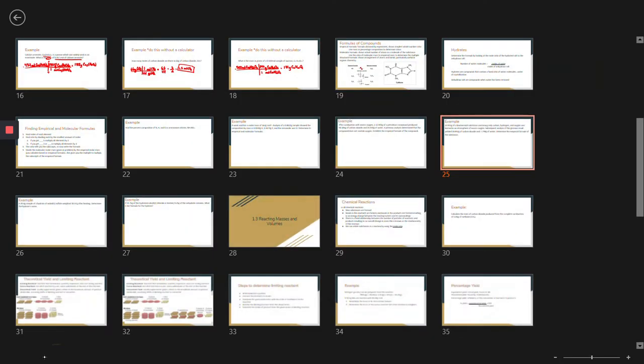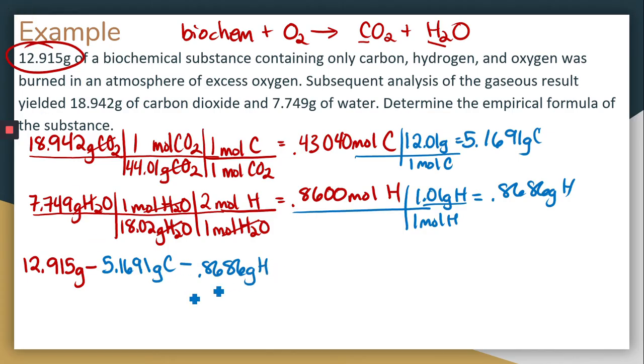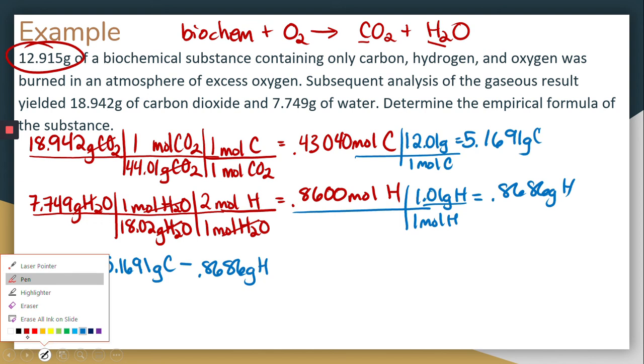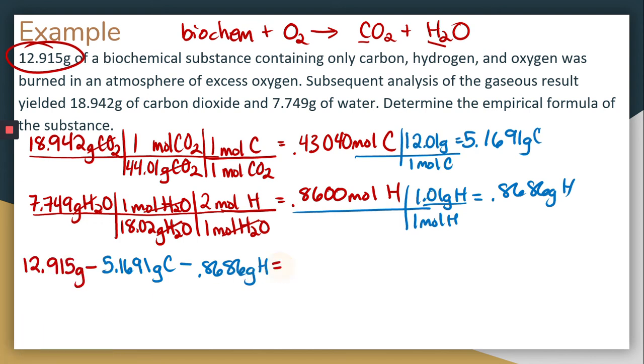All right, so that will give us the mass of oxygen. So you can't use carbon dioxide or water to figure out your mass of oxygen because oxygen is coming from both the biochemical and the excess oxygen. So the only way to figure out how much oxygen you have is to subtract.